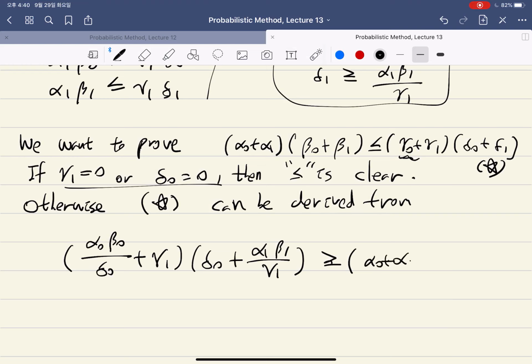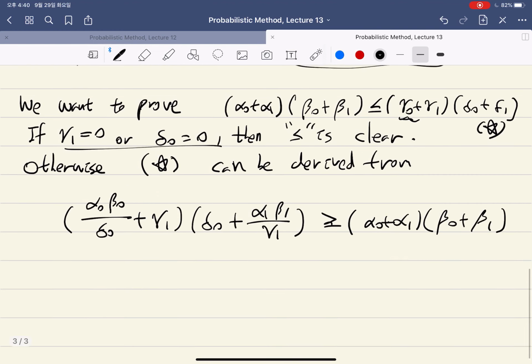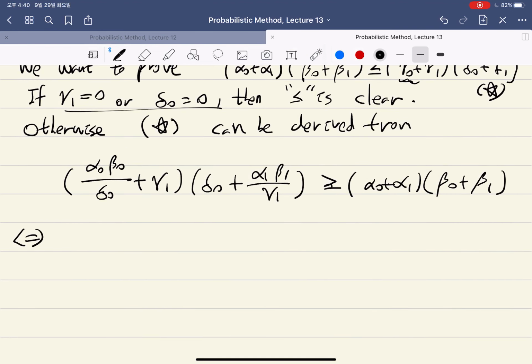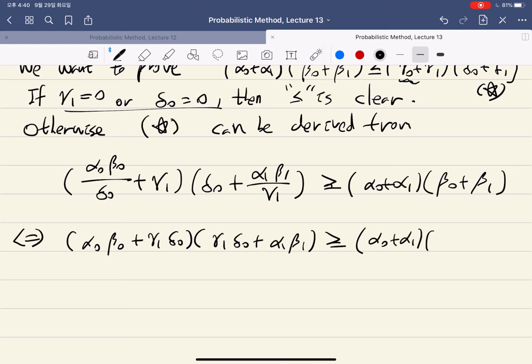So if we prove this, then we obtain what we want. And by multiplying delta 0 and gamma 1, this is equivalent to this inequality.